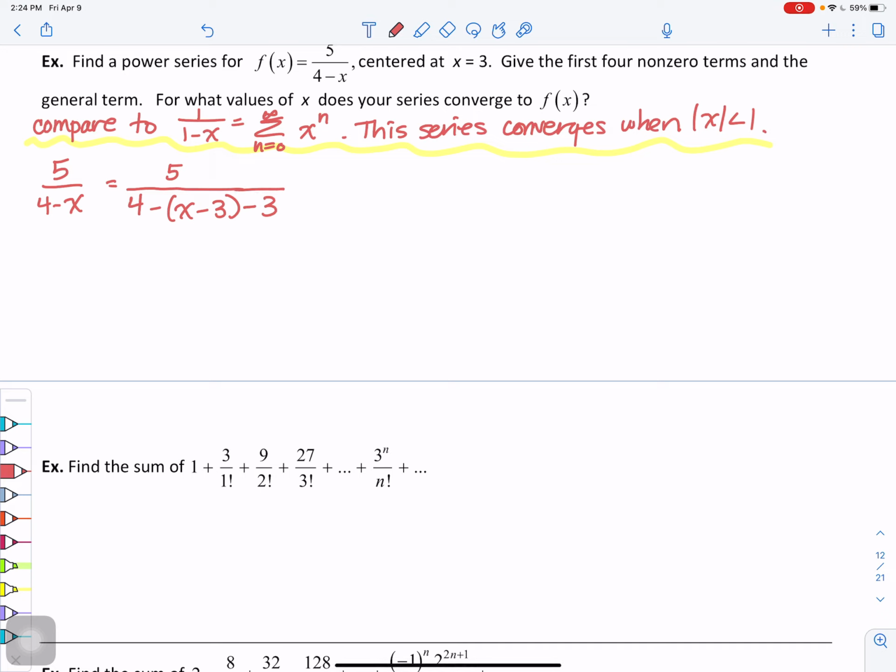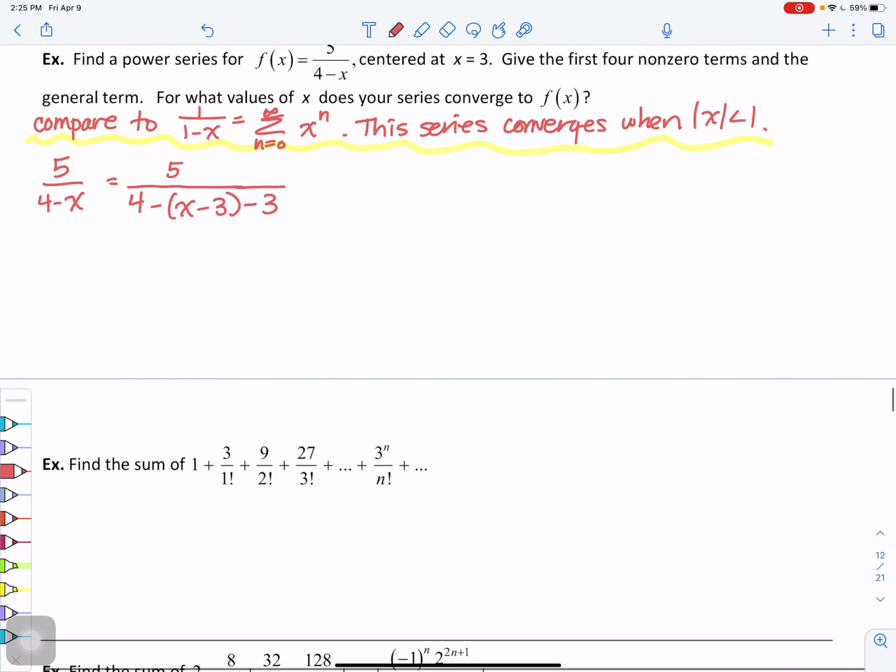Now let's take a look at this. This is a little bit confusing. We needed to use this 4, okay? And we're trying to get some sort of term for x, but we need a 1. So a 4 minus a 3 gives us a 1.